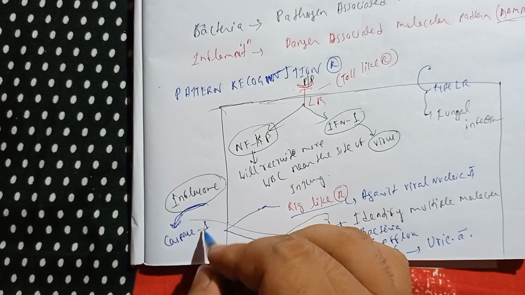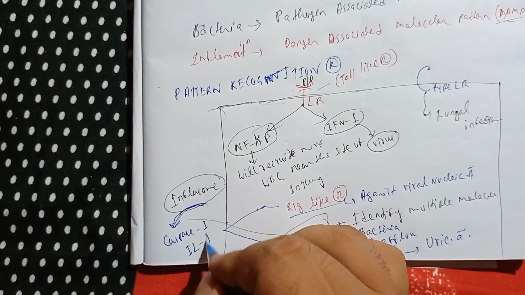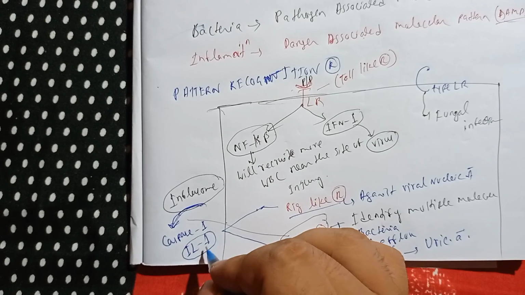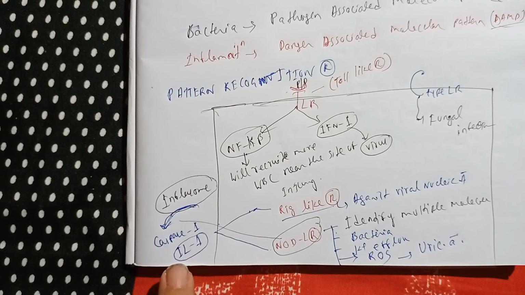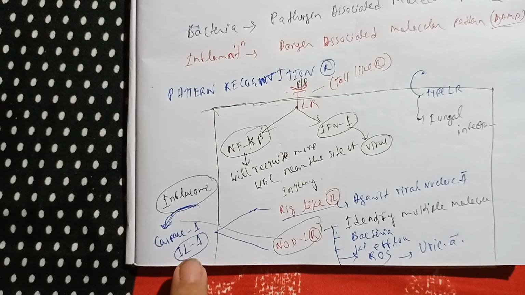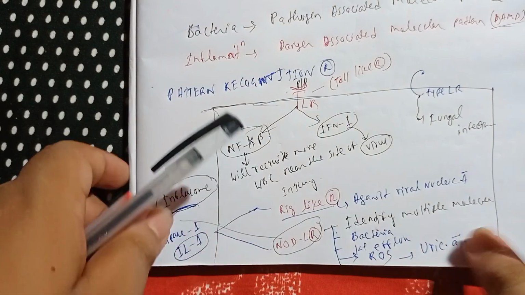From this caspase-1 we know there is also production of interleukin-1, and this interleukin-1 will cause fever. It is a pyrexic agent. So this was all about the immune systems.